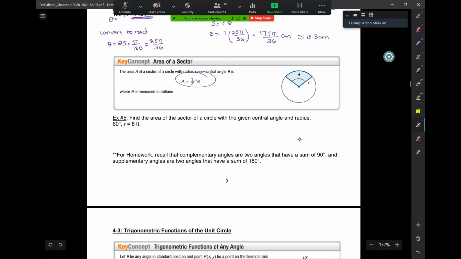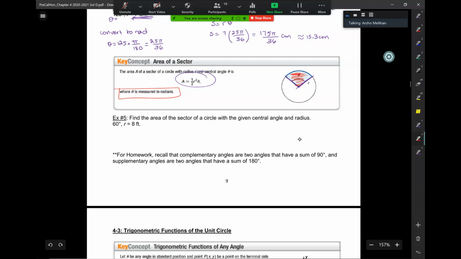All right, so imagine now you've got the same setup. You have a central angle. You see how it creates this area inside? The area of that is half r squared theta, right? You find the area of that like a pizza slice. So here it says find the area of the sector with the given central angle and radius.